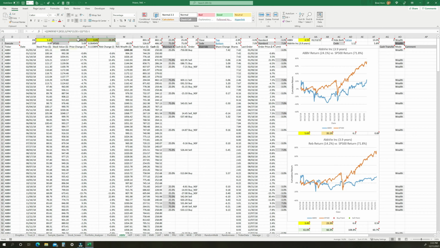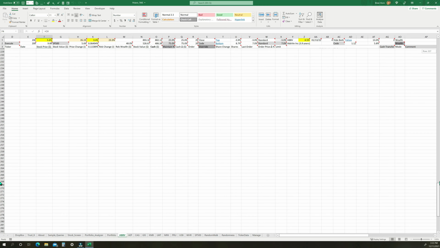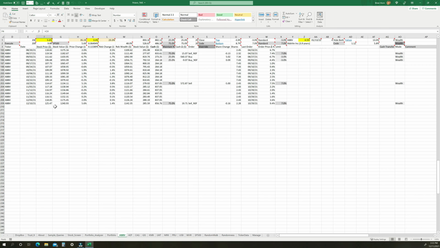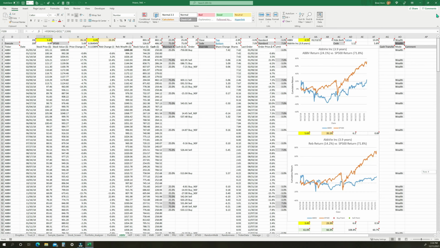F1 and H1 have to do with if an investor were to just have a buy and hold strategy. They buy the stock at $101.11, and then at the end here, years later, in this case, we see the stock price is 125, and it determines the annualized return over that period, and that's what this number represents. 35.1% is the standard deviation of these weekly returns over that period.